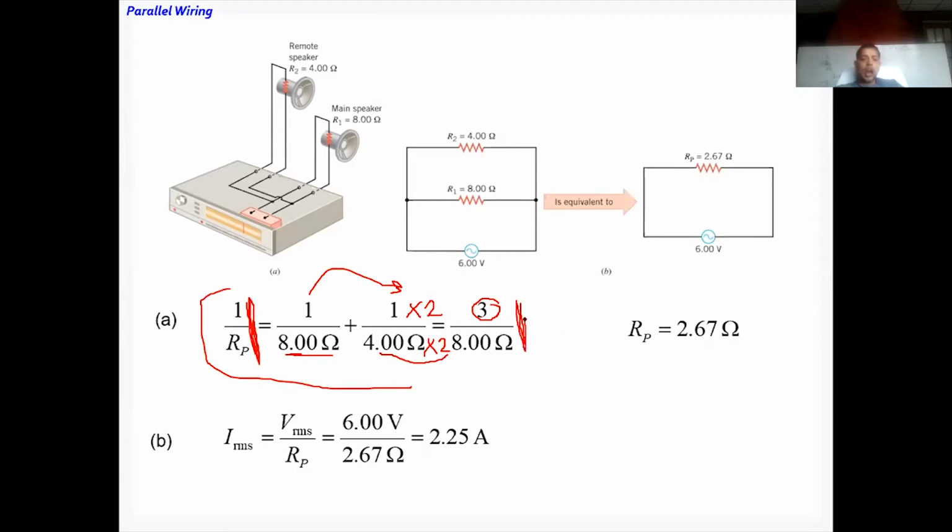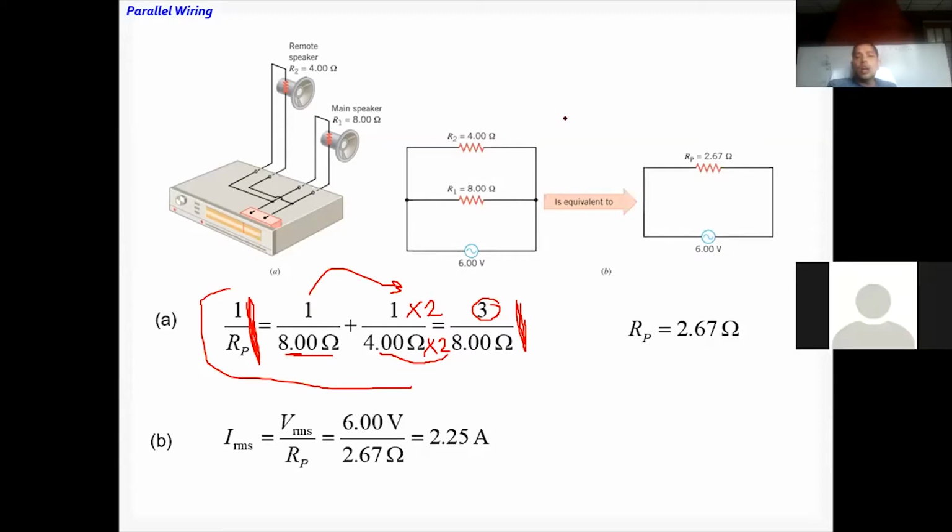And then how do you find RP? If 1 over RP is 3 over 8, what is RP? Guys, help me here. 2.67. You just take the inverse, so RP is 8 over 3, right? If you want to find RP, you have to take the inverse.